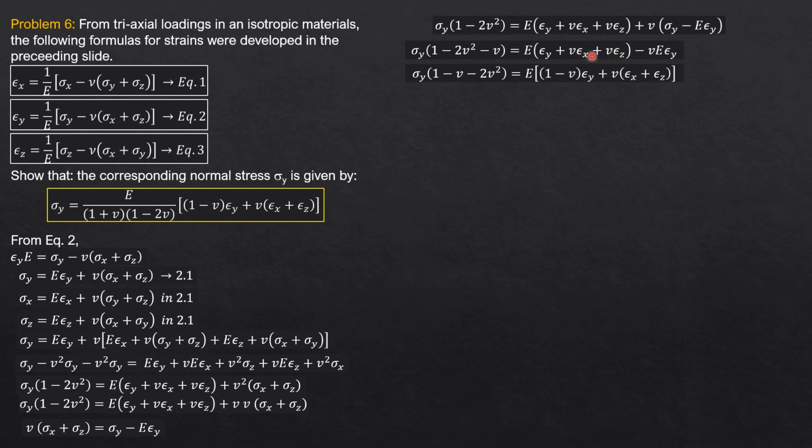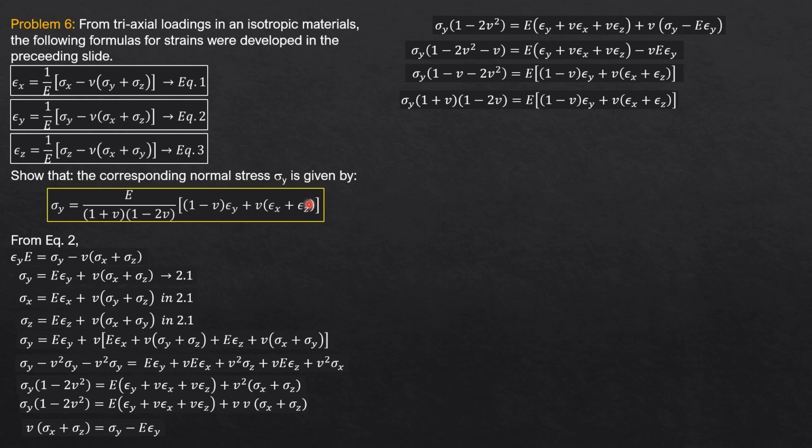Then for these two, common Poisson's ratio, then strain x plus strain along z. So we can factor this as sigma y times 1 plus Poisson's ratio, then 1 minus 2 times Poisson's ratio equals E, and quantity 1 minus Poisson's ratio strain y plus Poisson's ratio quantity strain x plus strain along z.